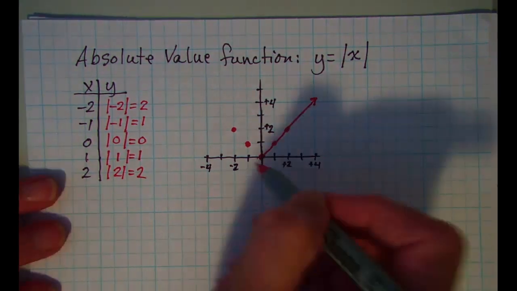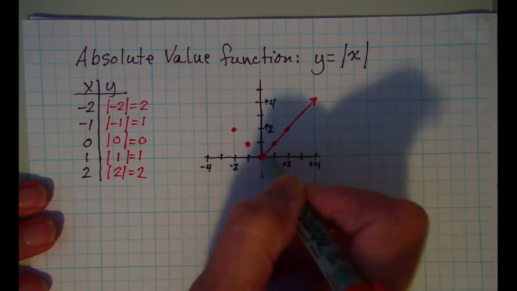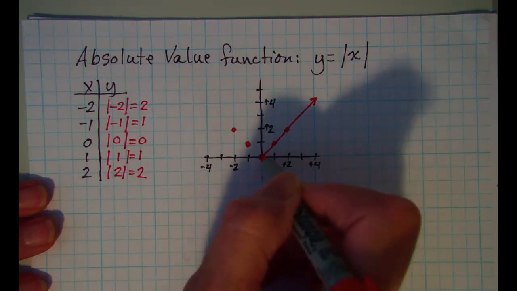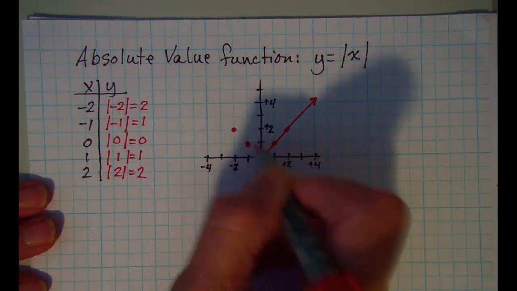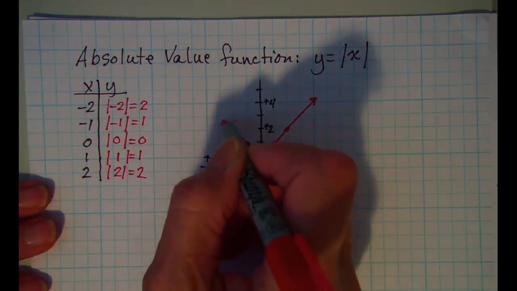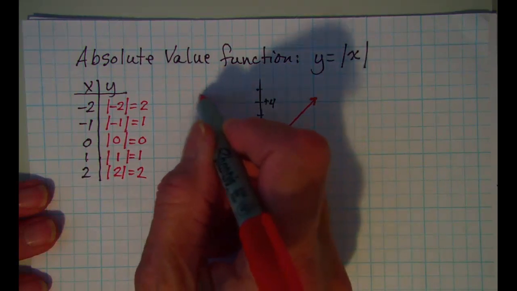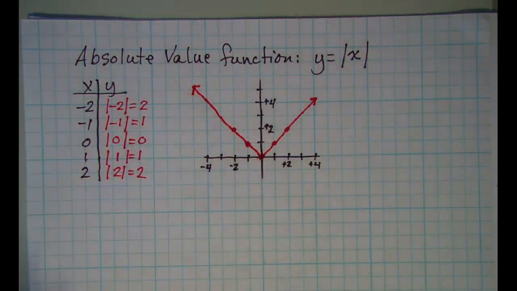And then on the left side of the vertex, again, this one's a constant rate of change. It's a decrease, up and then left one. So it's also got a slope of -1, but it is a constant change.